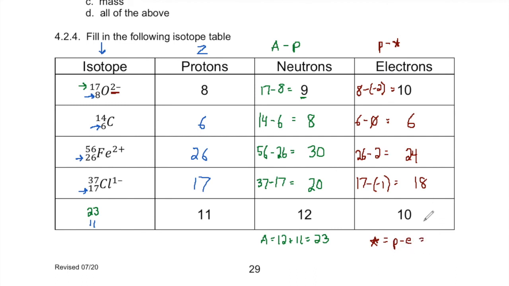So for this unknown isotope, we have 11 protons minus 10 electrons, so we have a +1 charge on this isotope. Now to find out the identity, we have to look up on the periodic table and see which element has an atomic number of 11, which would be sodium. Na is number 11 on our periodic table.